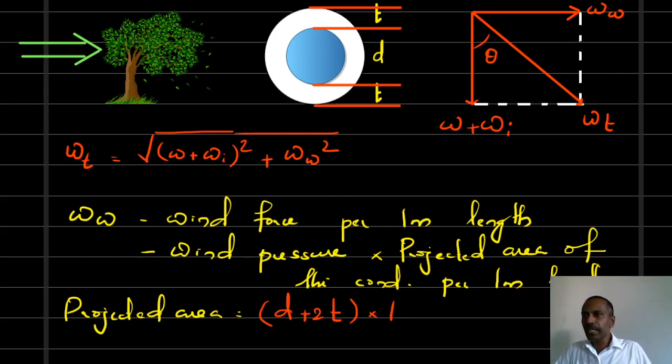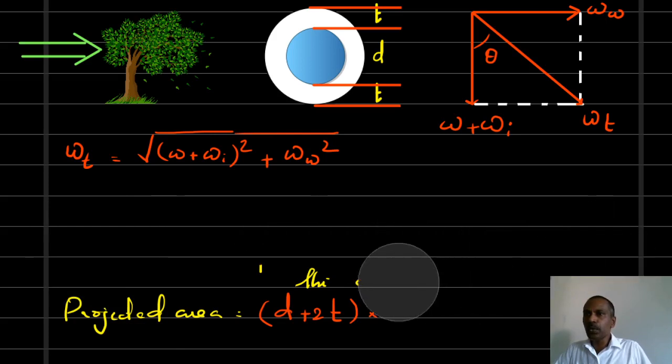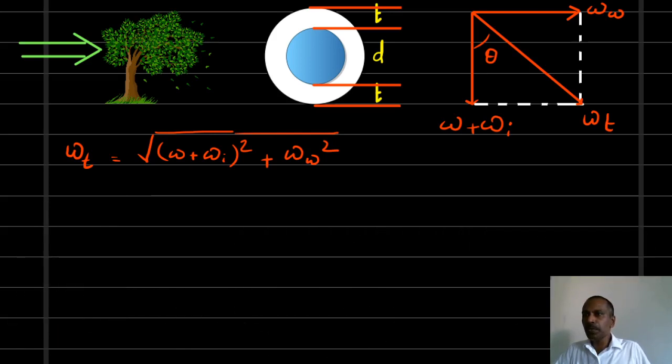So once we find out these three values W, Wi and Ww, you can easily find out the sag as sag is equal to Wt into L square divided by 8t. Actually this sag is a slanting sag in the direction of Wt.